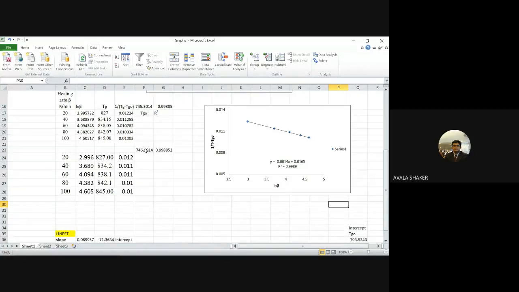Yeah, because this is going up to... but so if I put 746 also, it is still 0.9989 only.